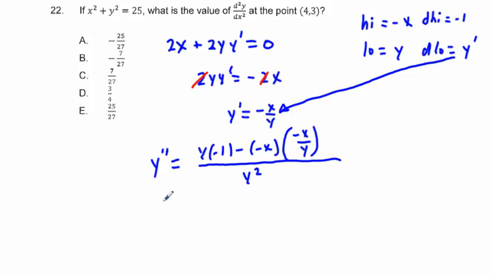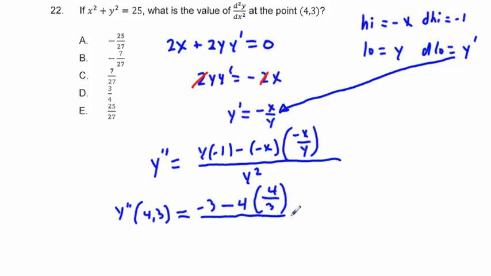And so if we take y double prime substituting 4 for x and 3 for y, we're going to have negative 1 times y, which is 3, so we have negative 3, and we're going to have minus times a minus times a minus, so we're going to have minus x, which is 4, times this x over y, which is going to be 4 over 3, and we're going to have all this over 3 squared, which is 9.